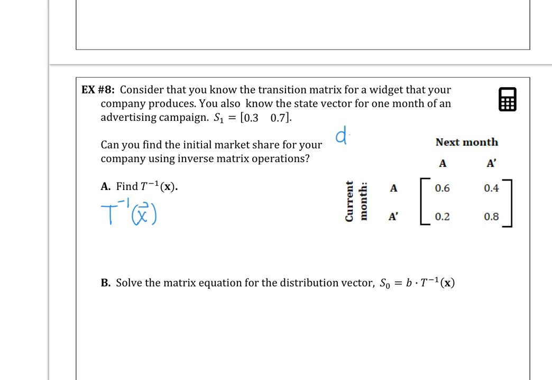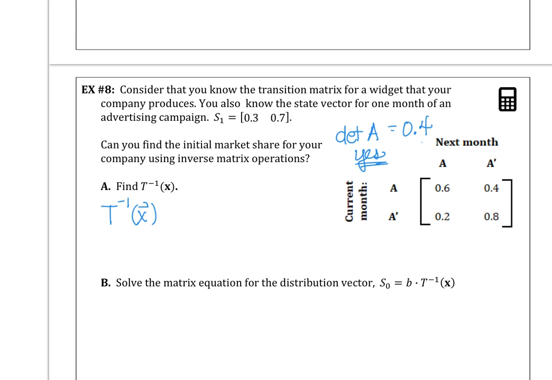So the determinant of A, we're going to multiply 6/10 times 8/10, 0.48, and 2/10 times 4/10 is 8/100. So the determinant is 0.4. To answer the question, can you find the initial market share for your company using inverse matrix operations? Yes, we can, because the determinant is not 0.